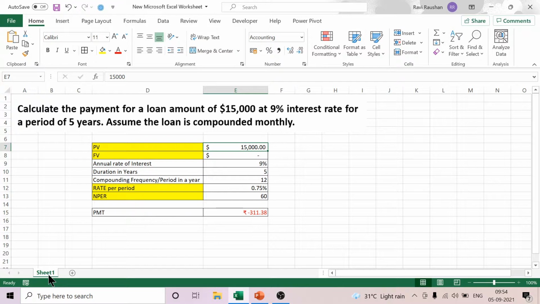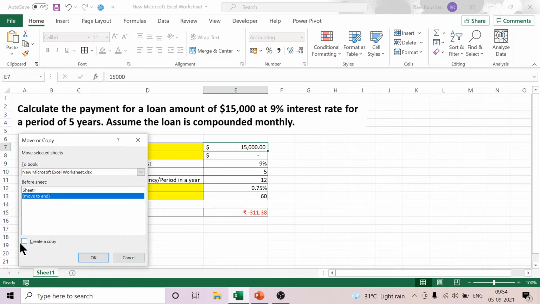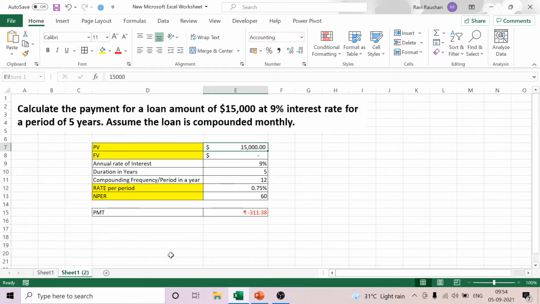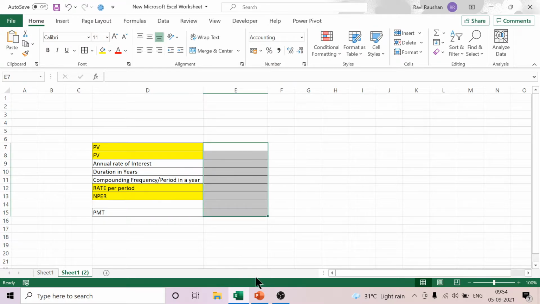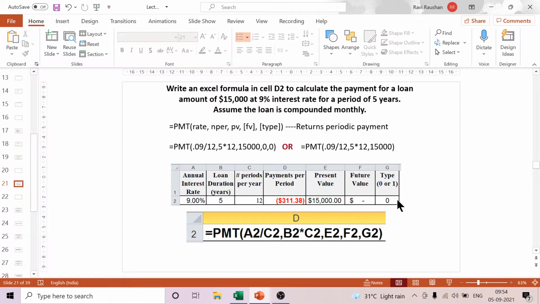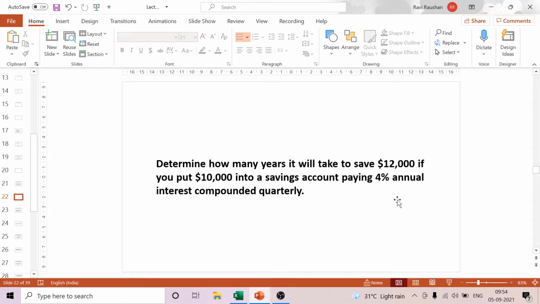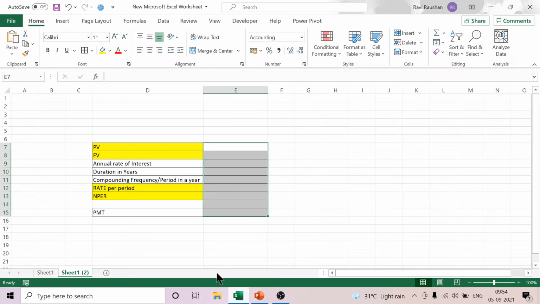All right. So let me do one thing. Let me make a copy of this one, and I move to the end. I remove these things. I remove this one also. Let us take up another problem. Let us take up this particular problem again and try to solve this with these parameters.